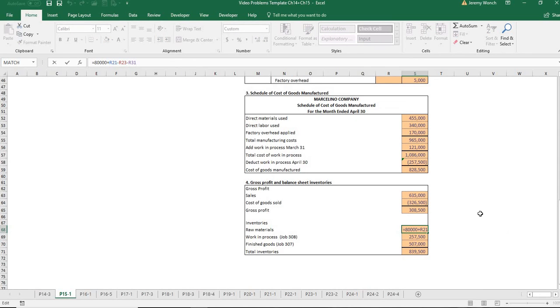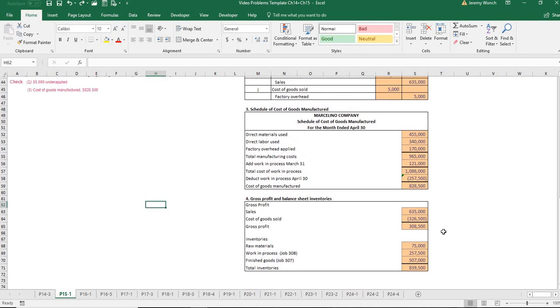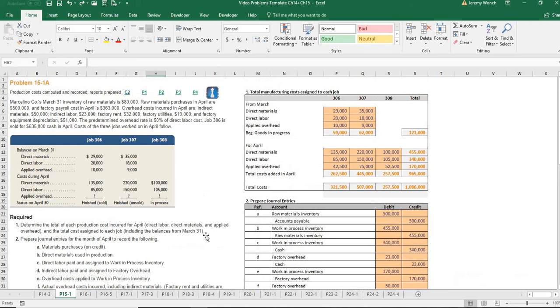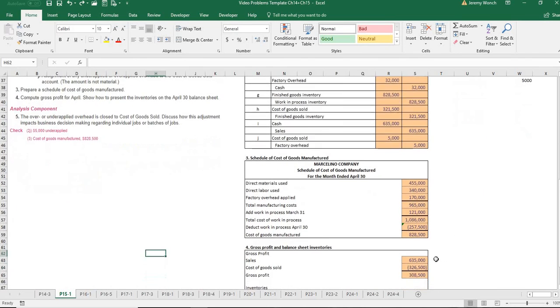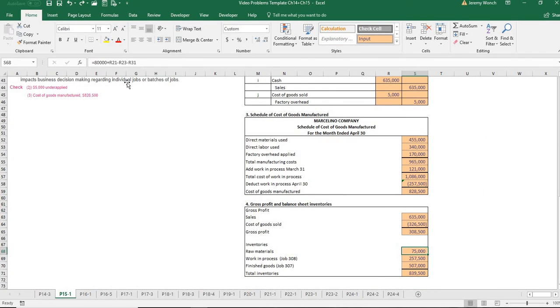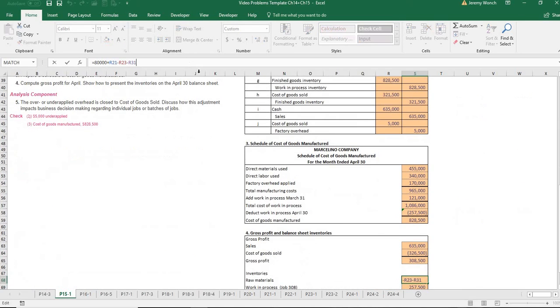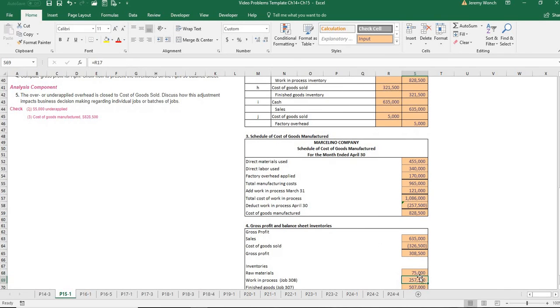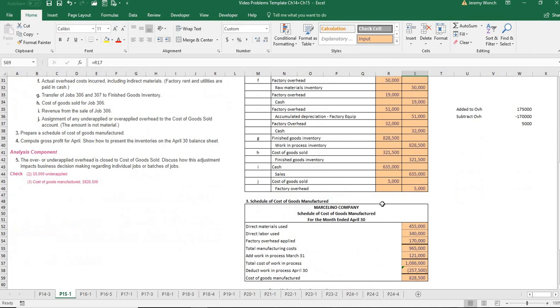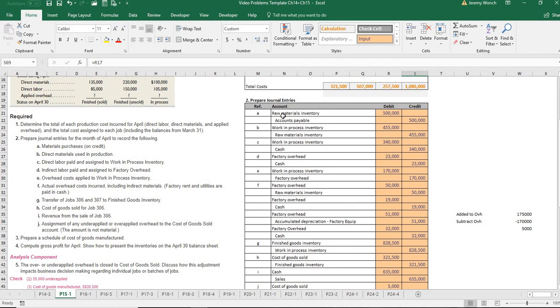So it says we started off with 80,000, and then we just want to plug in all our journal entries here that related to raw materials.